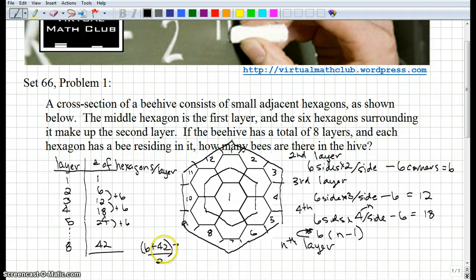So it's essentially 48 divided by 2 times 7, right? 48 divided by 2 is 24, times 7 is what? That's 28, 14, 168. That's layers 2 through 8. And then we'd have to add 1 more for the first layer. So we have a total of 169 hexagons. And the question asked how many bees there are, and we have a bee residing in each hexagon, so we have a total of 169 bees.